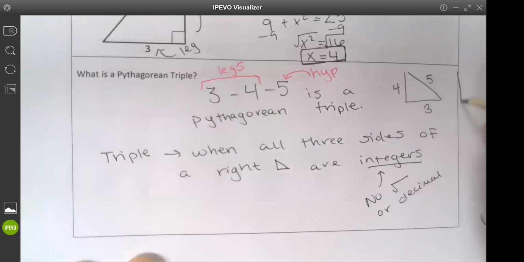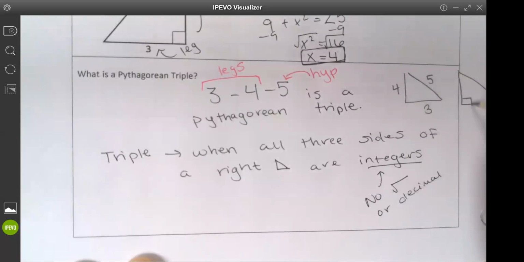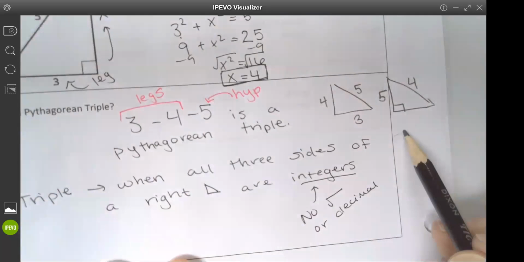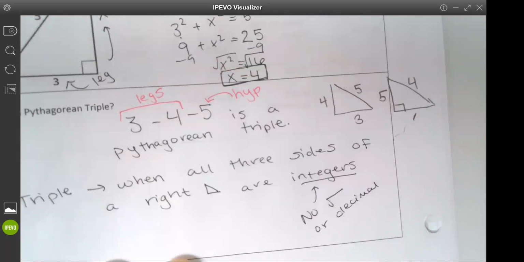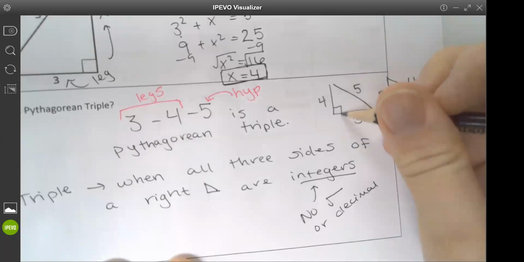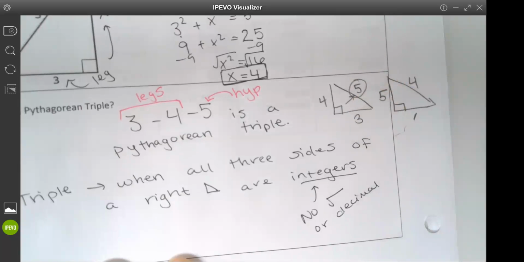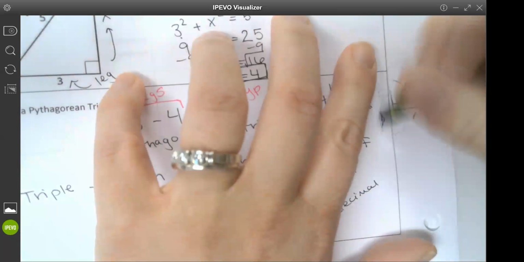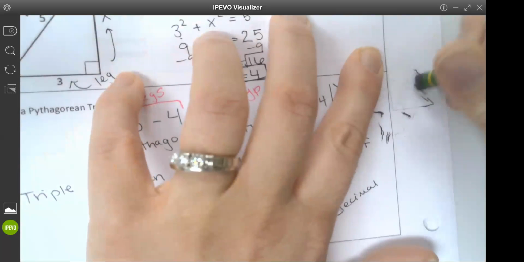But if I was given a right triangle that looked like this, and I was told 5 and 4, this side is not going to be 3. It's not going to be an integer because 5 is not the hypotenuse. Does that make sense that that largest side has to be the hypotenuse side? It can't be a leg. That's going to be different. It's going to give us a radical answer there.